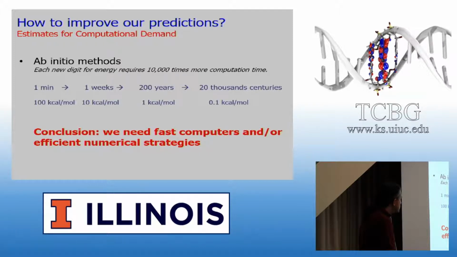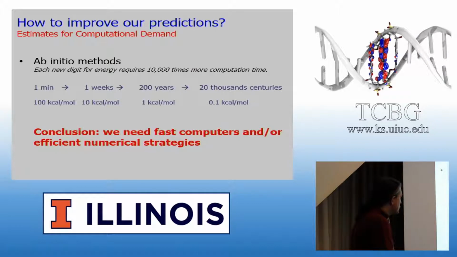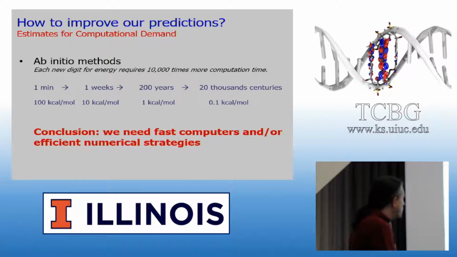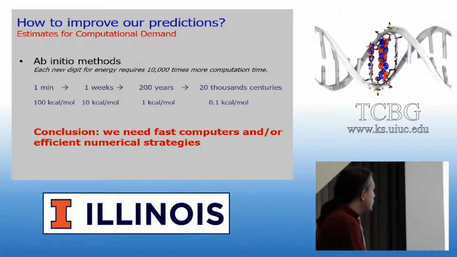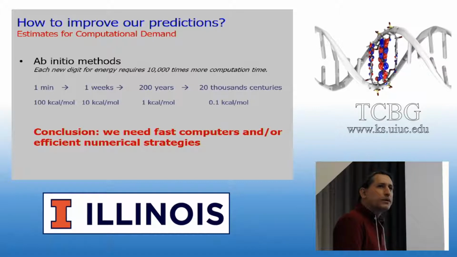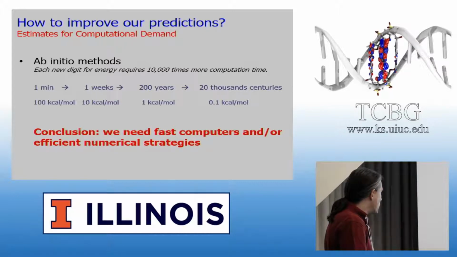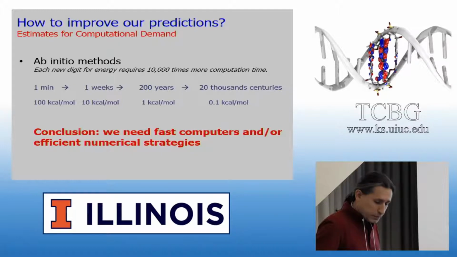If you choose a method that shows an error of 0.1 kcal per mole, you need to wait 20,000 centuries to get this calculation done. And the conclusion is you need fast computers and or efficient numerical strategy to solve the chemical problem.